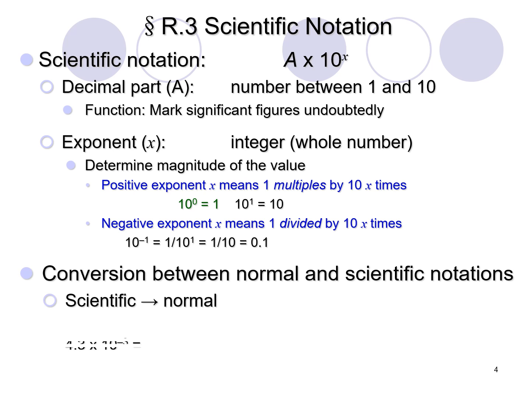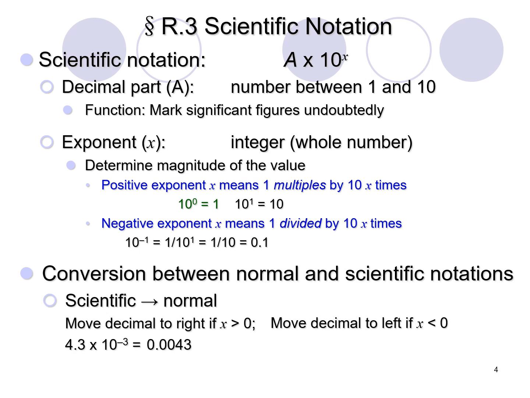All right, so how are we going to convert scientific notation to normal notation, like 4.3 times 10 to the negative third? I believe many of you will realize it's 10 to the negative third. That means 4.3 divided by 1,000. So what we have here is 0.0043.